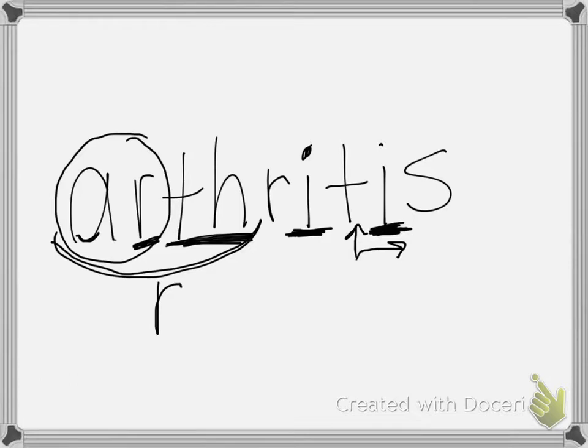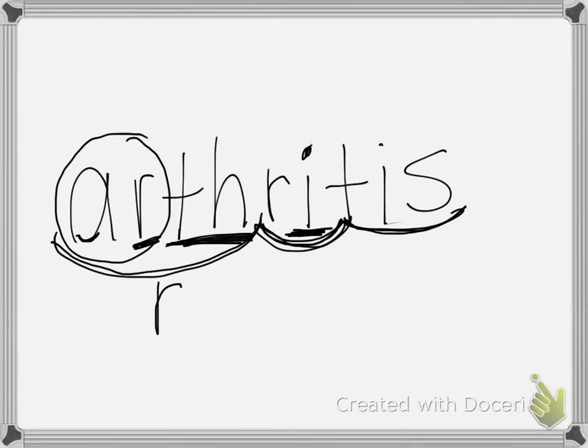And if you look at what that makes, this "tis" is at the end of the word, which is very common. You'll see that in a lot of words at the end. So I'm going to erase all this mess that I've put here. We're going to push the T to the last syllable, and then we're going to keep this RI together.